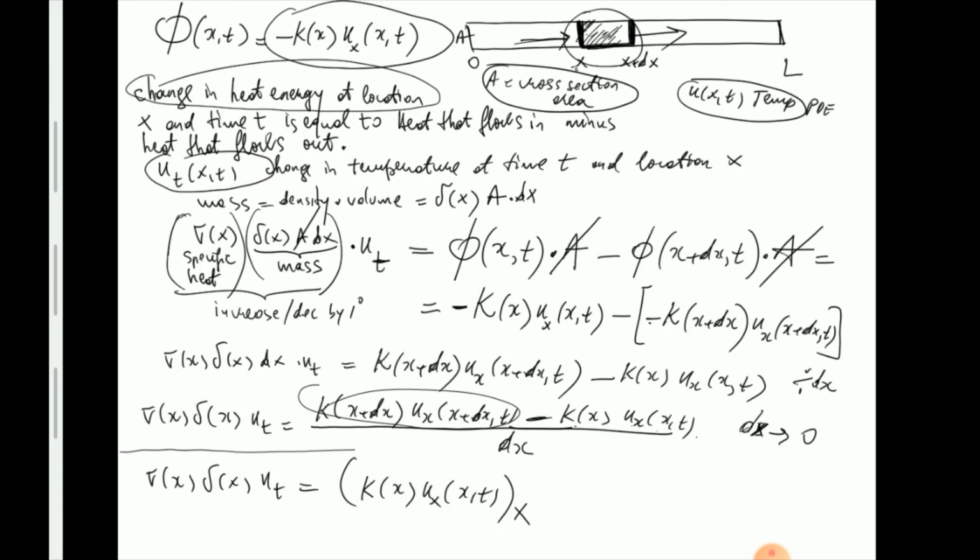We're going to do more simplifying assumptions before we move on with the actual one-dimensional heat equation. But let's not rush this. Let's just summarize one more time. The left side is basically the amount of heat energy that results from a change in temperature at time t, given by partial u with respect to t.